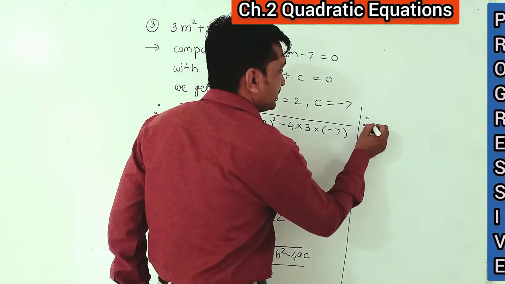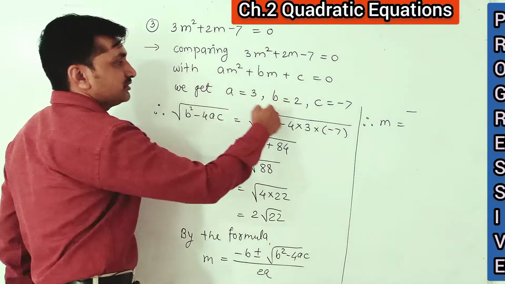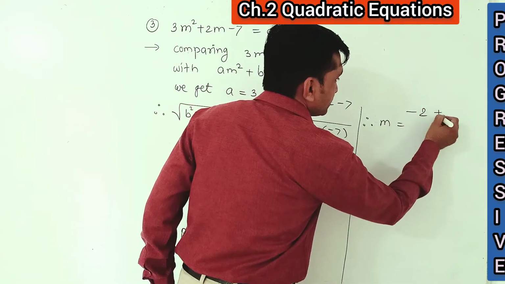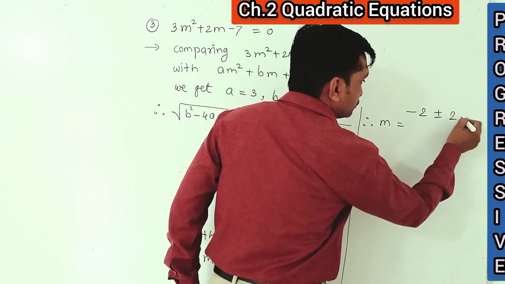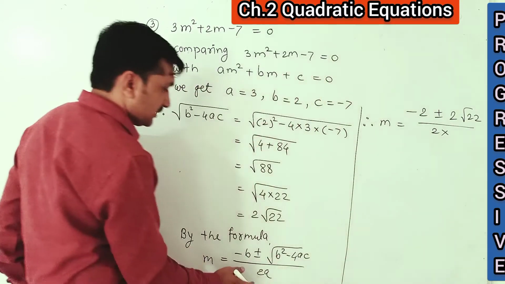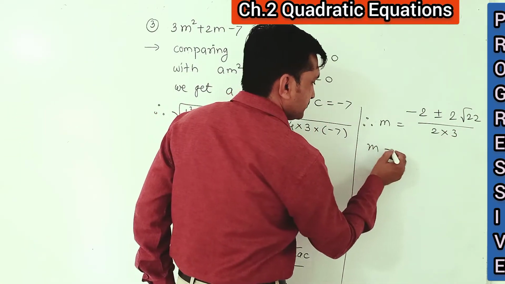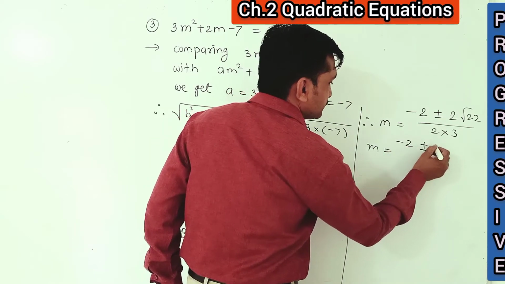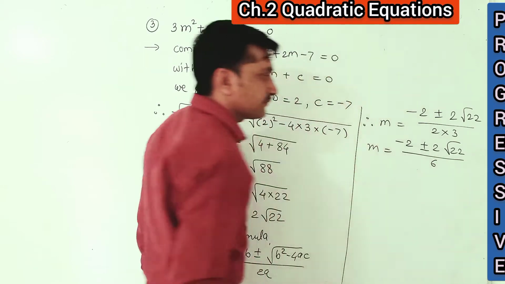Therefore m is equal to minus, what is b value? B value is 2, minus 2 plus minus, what is the square root value? 2 root 22 upon 2 multiplied by a, what is a value? 3. Therefore m is equal to minus 2 plus minus 2 root 22 upon 6.